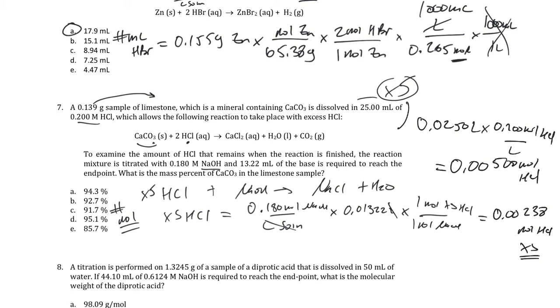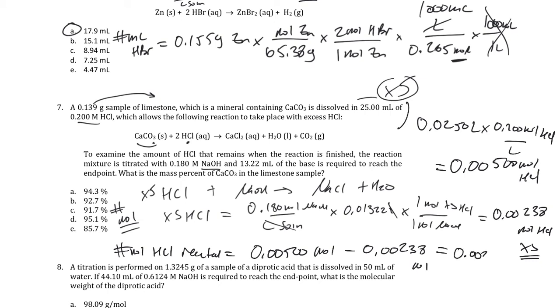Do you see how we can calculate how many moles of HCl reacted? The number of moles of HCl that reacted would be the 0.00500 moles that we initially started with, minus the amount that's left over. That's 0.00262.